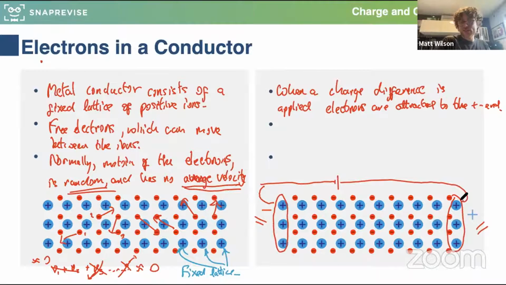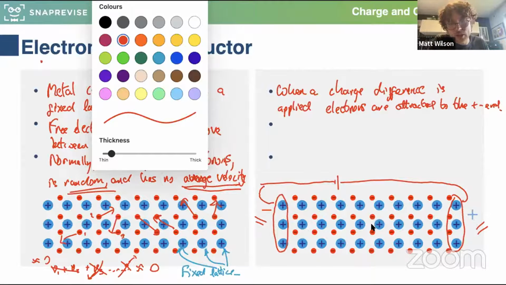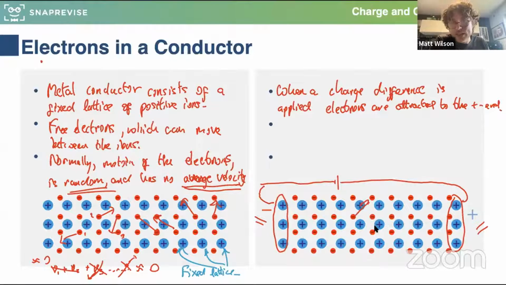Very nice. That's how you can create a charge difference. And because of this charge difference, the electrons are going to want to move. And where are they going to be attracted? Well, they're going to be attracted towards the positive direction. They still have random motion. They're still bumping around into this lattice in various ways. But now there's just a kind of average drift to the right.